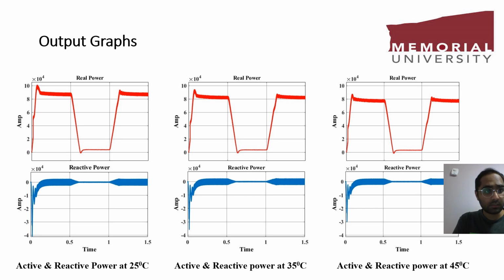It's more than 100 kilowatt. If we come to 35 degrees centigrade, the power output is still convincing, but it's not as good as at 25 degrees centigrade. It's limited to around 90 kilowatt. So the least power is produced when the temperature is at 45 degrees centigrade.